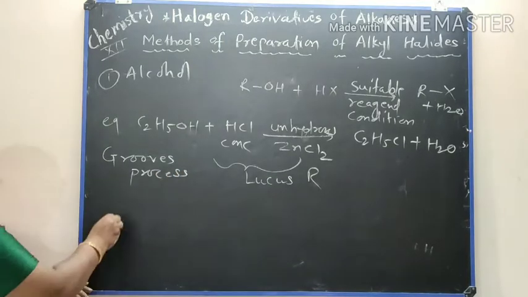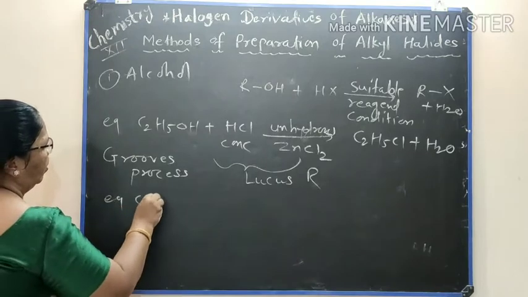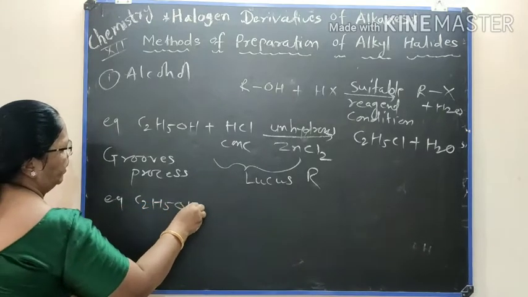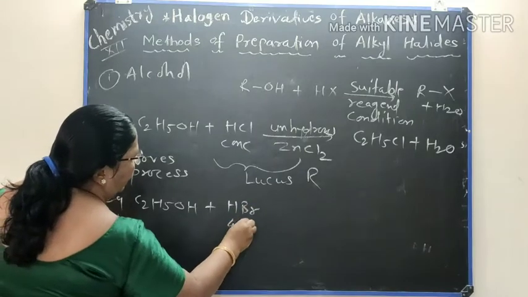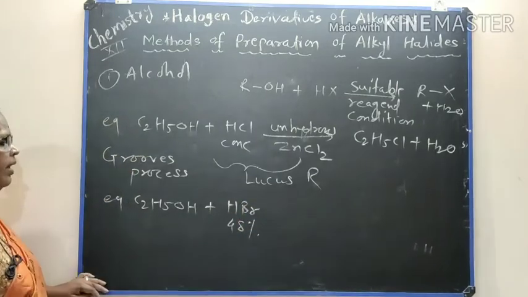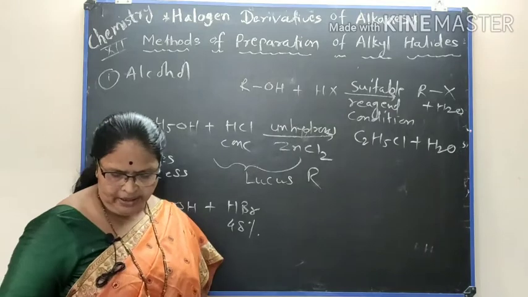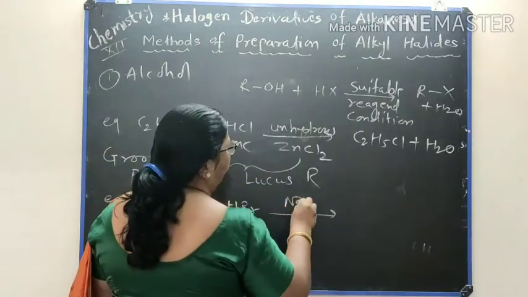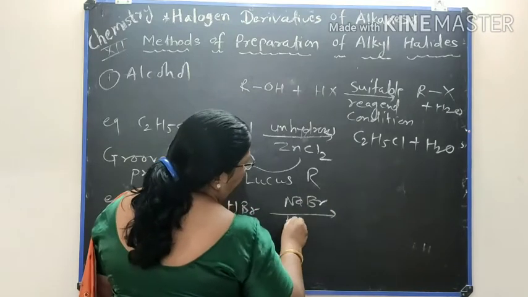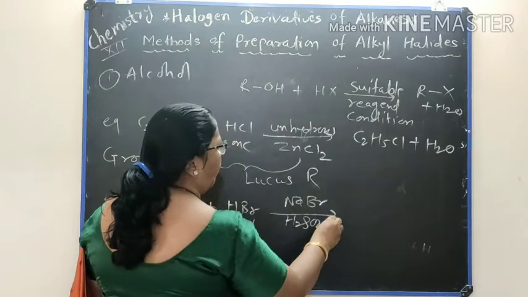Second example, suppose ethyl alcohol C2H5OH is treated with HBr. Here 48% of HBr is taken in presence of sodium bromide NaBr and sulfuric acid H2SO4.